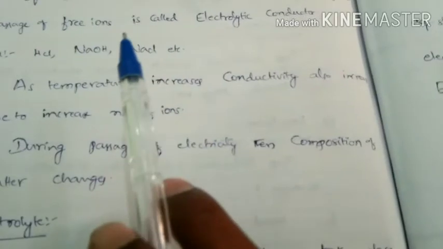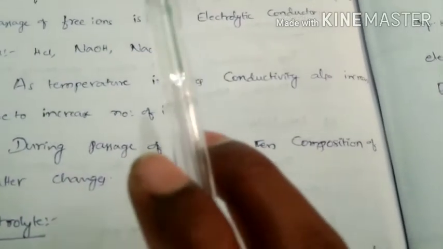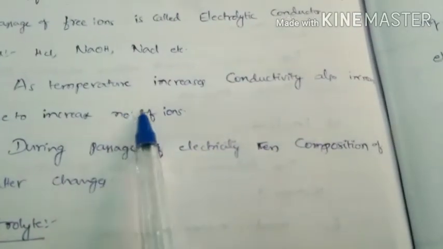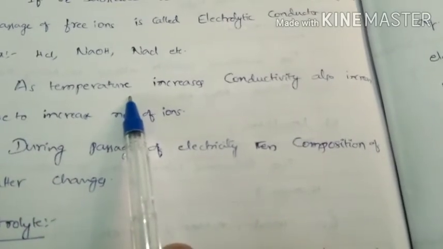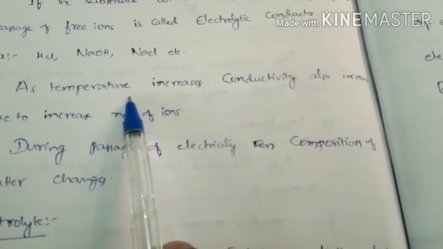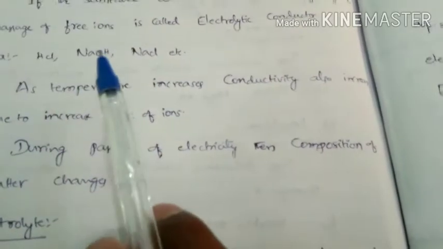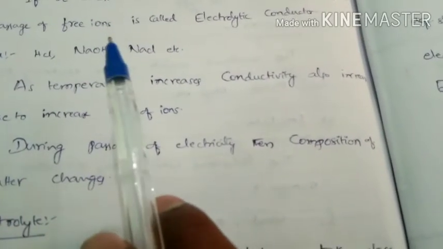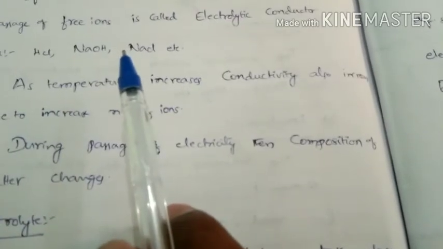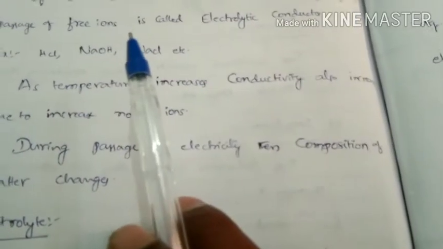So don't get confused. In case of electrolytic conductor, conductivity increases due to increase in number of ions as temperature increases. In the previous case, conductivity decreases when temperature increases.